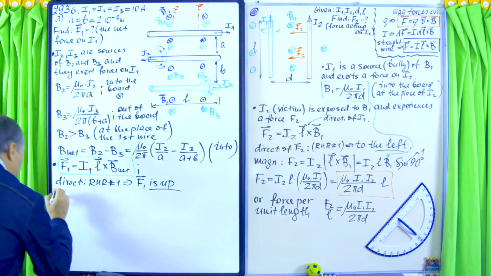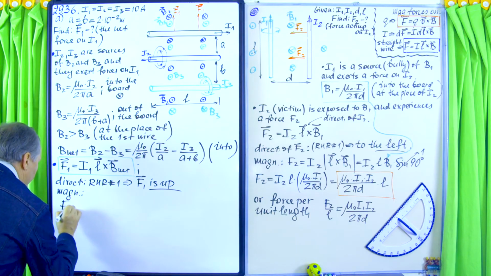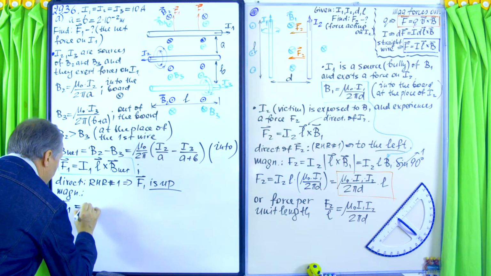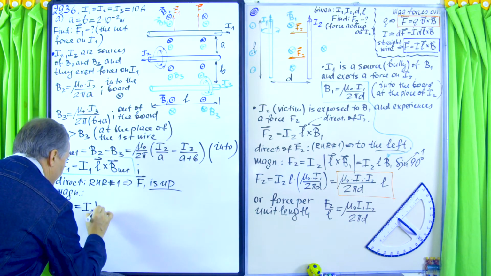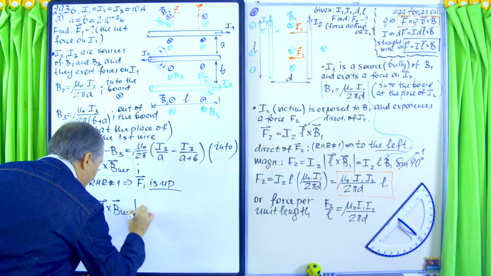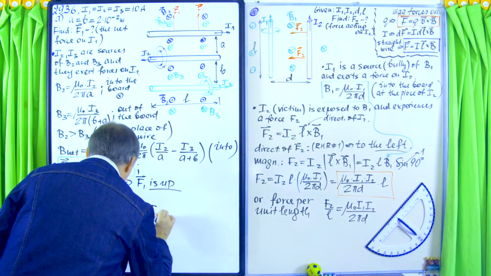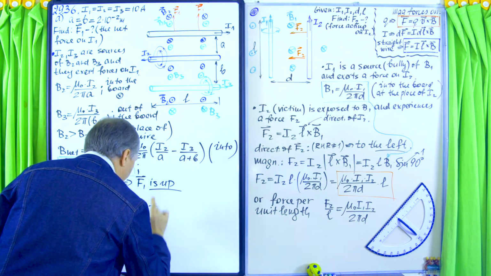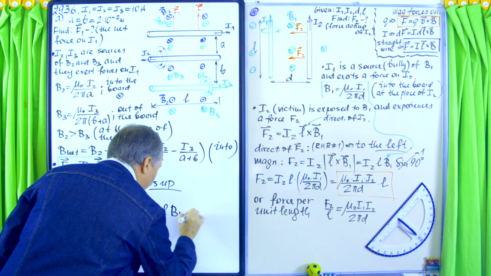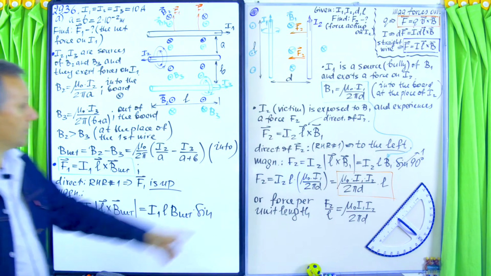Then magnitude. All right, so F1, now you see there is no vector sign on top. It means it's magnitude. So then I1 and the absolute value of L crossed with B net. Right. So according to the right hand rule, I1, then the absolute value of L, then the absolute value of B net, and the sine of the angle between these two vectors, L and B. It's like here, right?